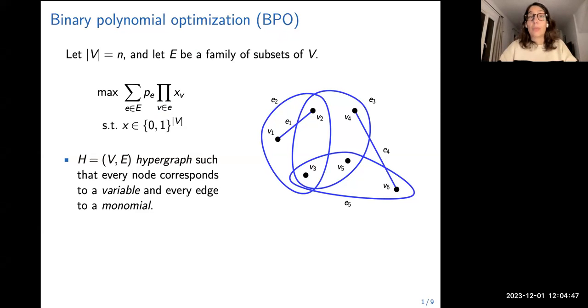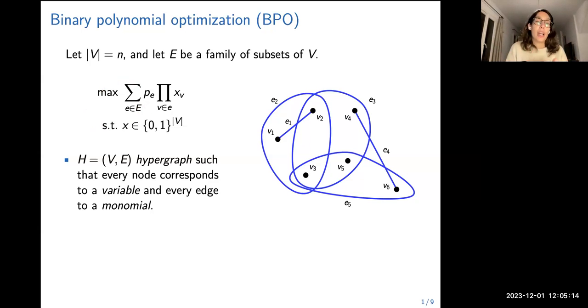To write it down more formally, I will use two sets, V and E, where V is a ground set of cardinality n, so basically the number of variables in your polynomial, and E is a family of subsets of V, which encodes the monomials. Once you have these two sets, you can write the problem as follows, where all the coefficients of the polynomial are in this vector.